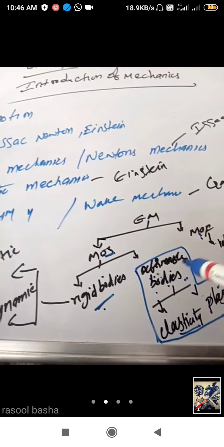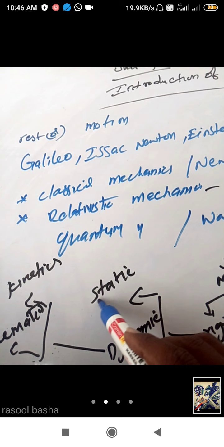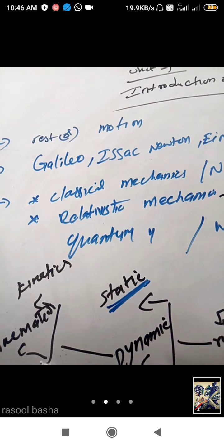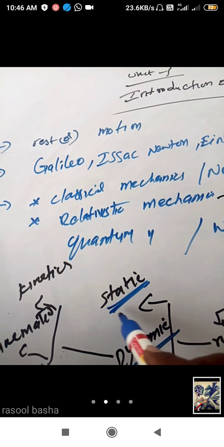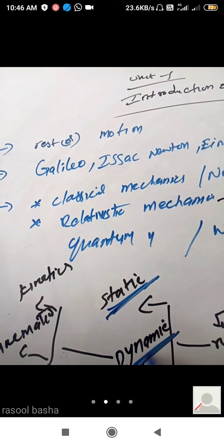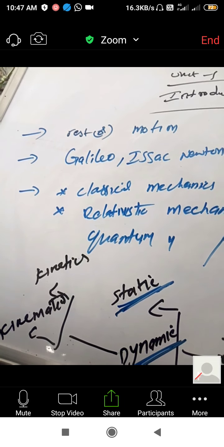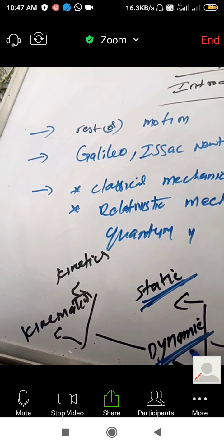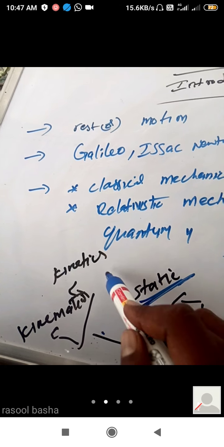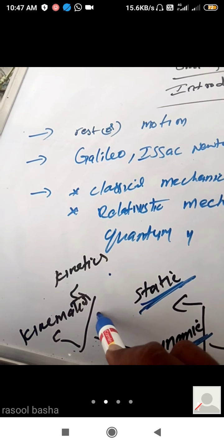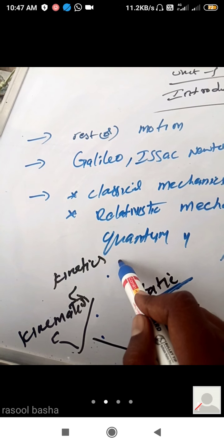Next, coming to rigid bodies, they are again divided into two types: static and dynamic. The dynamic stage is again divided into kinetic and kinematic.